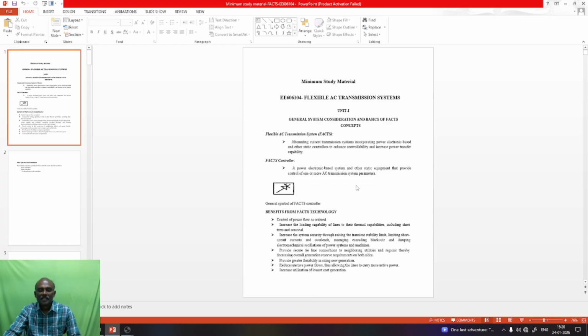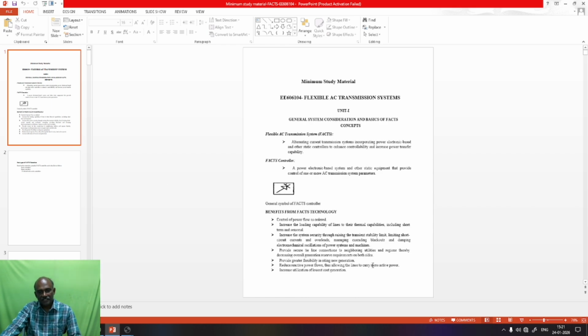Using these switching devices, we can change transmission system parameters like voltage, current, and power: real power and reactive power, the voltage magnitudes, the voltage angles. Everything we can control using these FACTS controllers.